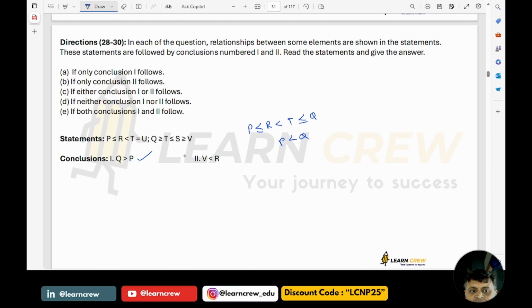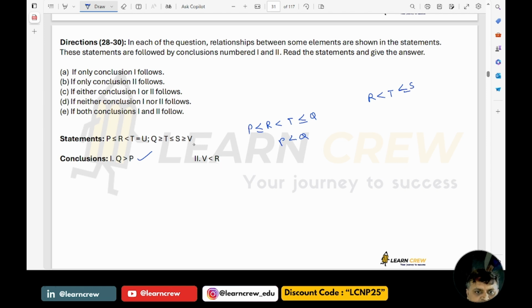And V and R. Here you have the relation between V and R. R less than T, and T less than or equal to S. Between V and R the relation is asked.